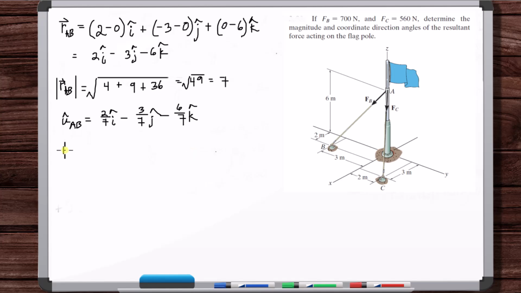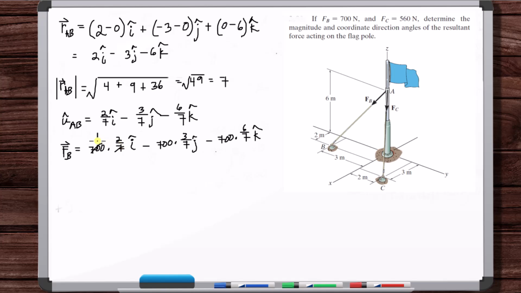Now we can get FB. Just multiply this unit vector, UAB, times the magnitude of force B. So 700 times 2/7 i hat, minus 700 times 3/7 j hat, minus 700 times 6/7 k hat.